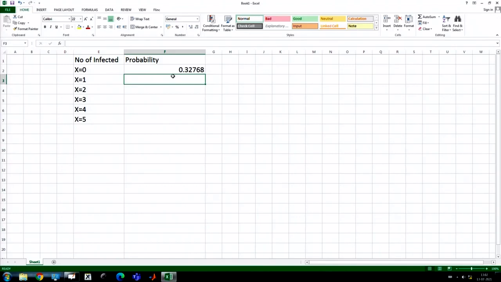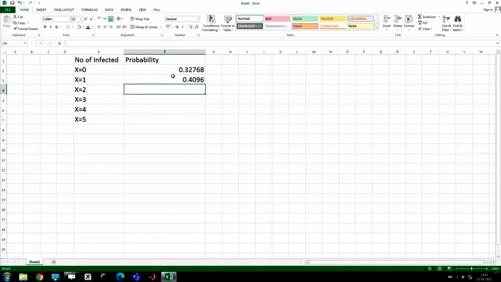Now what about 1 doctor getting infected? The probability is 5C1, which is 5, into 0.2 power 1, the probability of getting infected, into 0.8 to the power 4, right? Four persons are not infected and 1 person is infected.